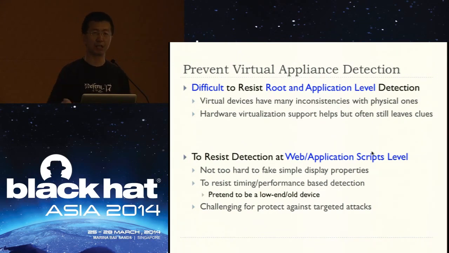Also, it's pretty challenging to prevent a targeted attack. If someone knows the target is using a certain type of machine, at least high end, it's again pretty hard to resist that type of detection.